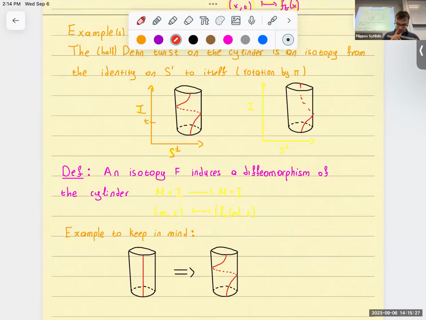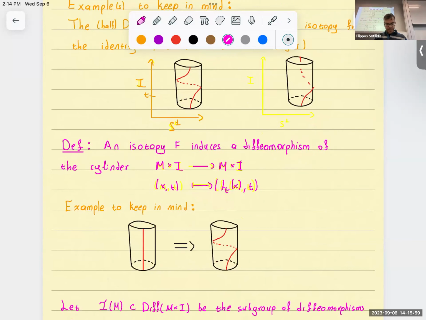Also, if I am given an isotopy capital F, which I defined as this map from the interval to the diffeomorphism group, I get a corresponding diffeomorphism from M cross I to M cross I. It's really the thing that I already wrote down. I'm just completing the extra coordinate by t.